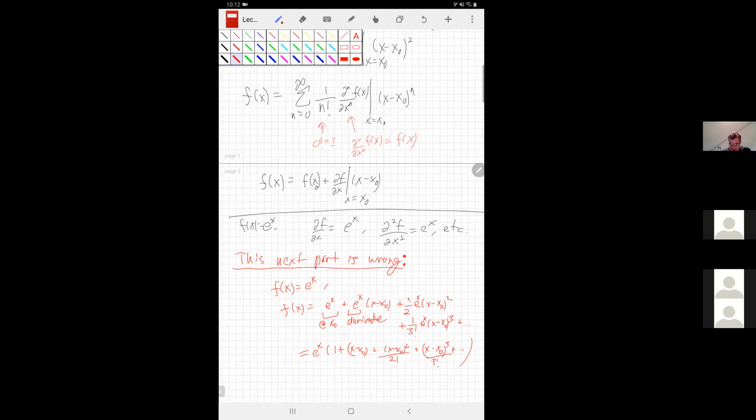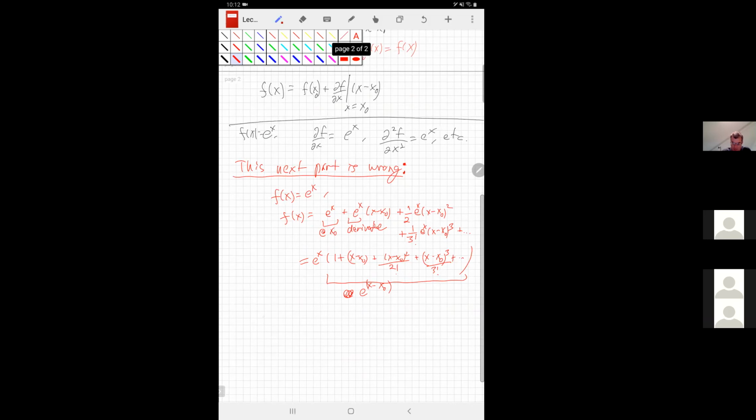And what you basically got here is e to the x minus x naught. This is exactly the Taylor series for that. So what we would somehow come away with is the conclusion that e to the x equals e to the x times e to the x minus x naught.